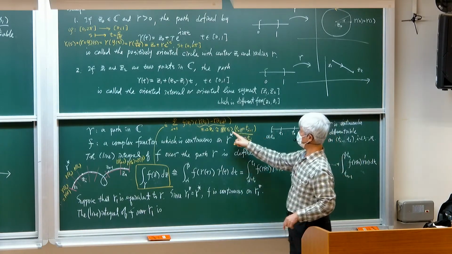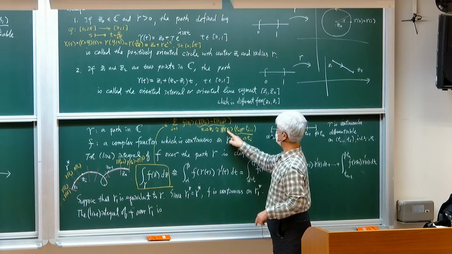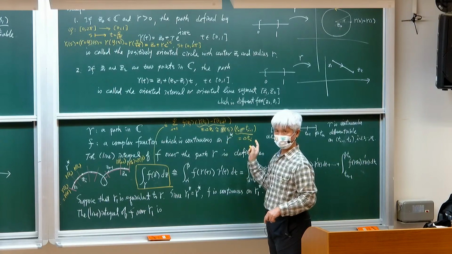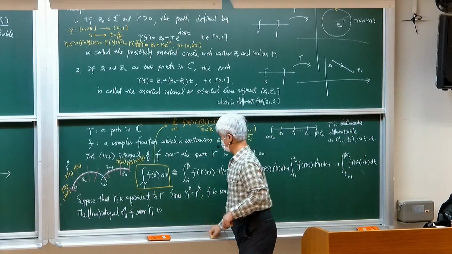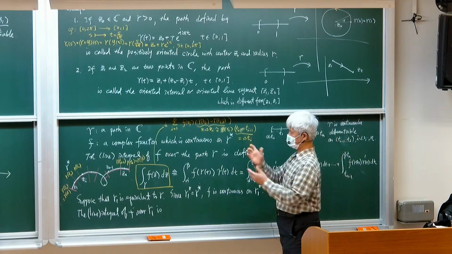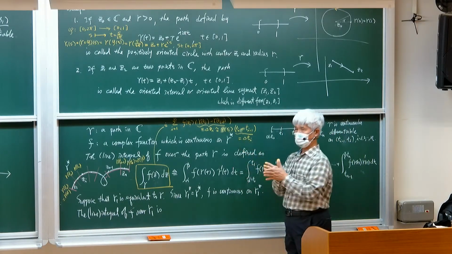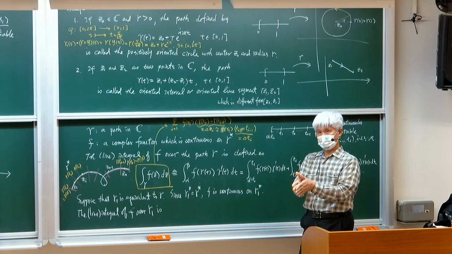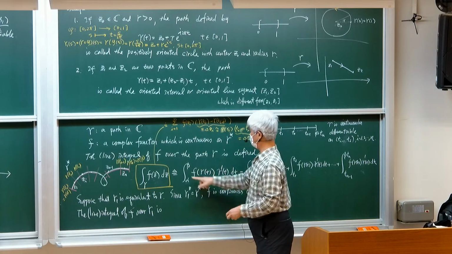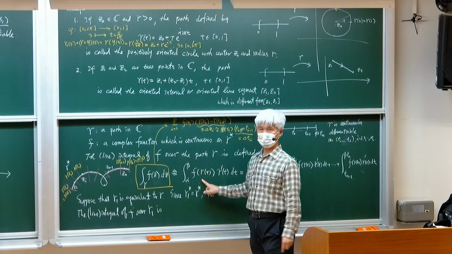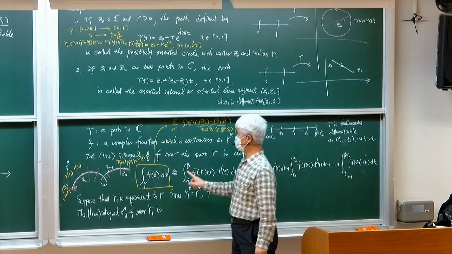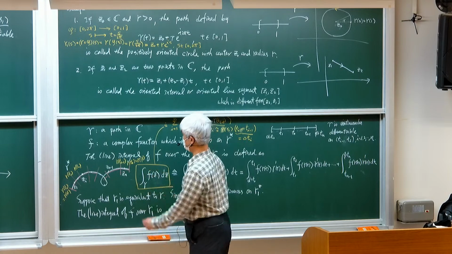And xi is a parameter in between ti minus 1 and ti. And when the delta ti goes to 0, the sum becomes this Riemann integral.